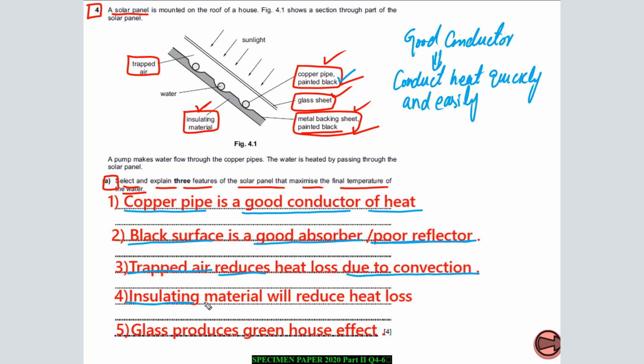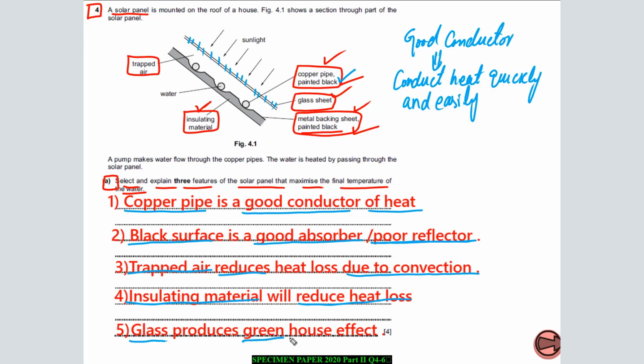And the fourth one is insulating material. Why is there insulating material under this copper pipe? Because it will reduce heat loss. And the fifth one is glass. Here you can see we are using this material, and this one is made of glass. Why are we using glass here?